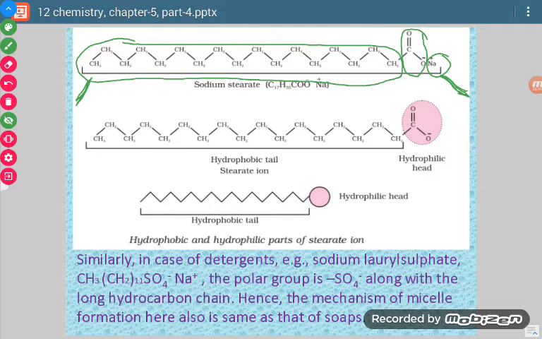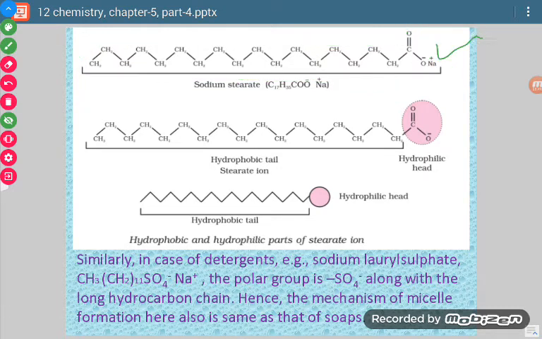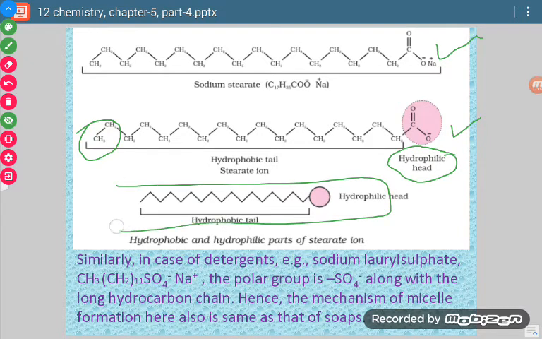When this molecule ionizes, it gives the RCOO negative ion. This negative ion has a hydrophilic end which is attracted towards water, and a long chain of hydrocarbon which is hating water, not attracted, called the non-polar or hydrophobic end. This can be represented like this, where the zigzag chain represents the long chain of carbon atoms. This is how our soap molecule exists.